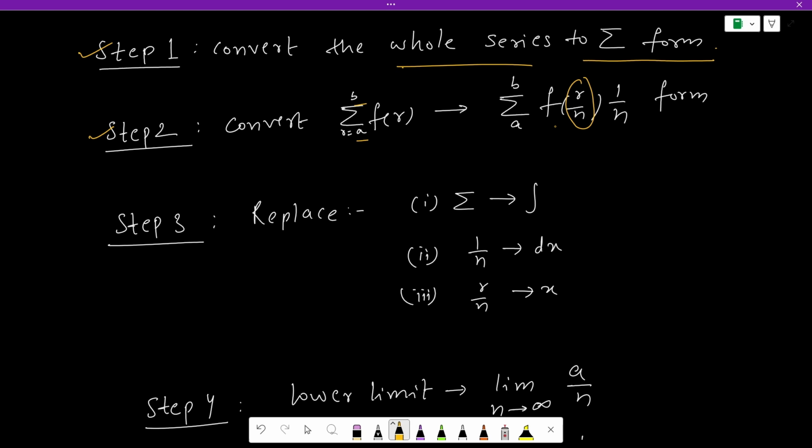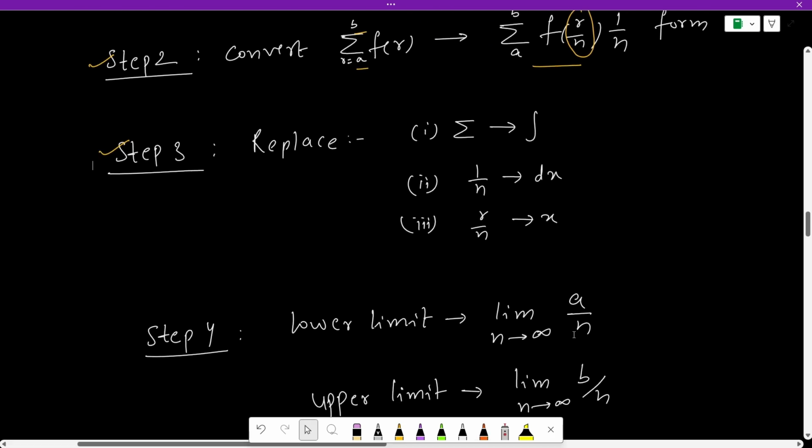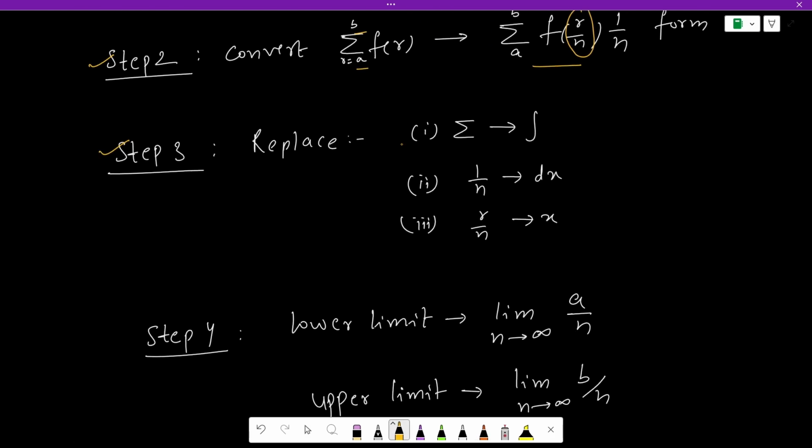To do this, you may need to take some n common out or something like that, but this is also a very easy step. Then the third step is to make some replacements. We need to replace summation by integration, 1 by n by dx, and r by n by x.